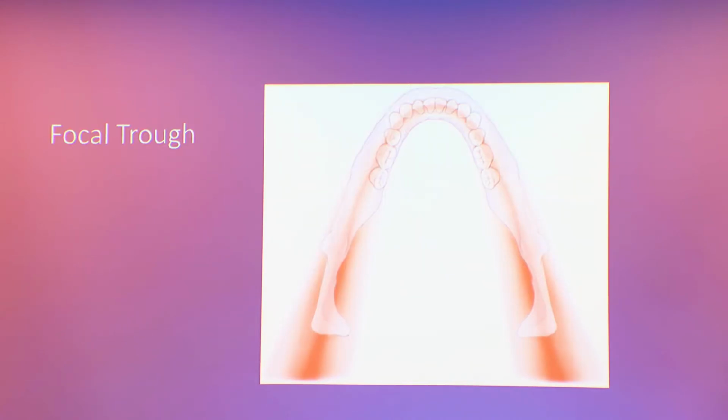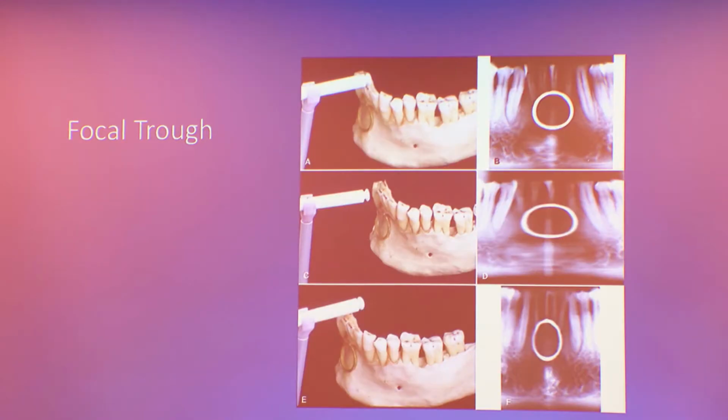Katie mentioned the focal trough. Basically, it's this shaded area, the representation of which is adjusted according to the machine and according to what we want. And it's that portion of the image that is going to be the most focused. But there's going to be a lot of other anatomy that's in the way.